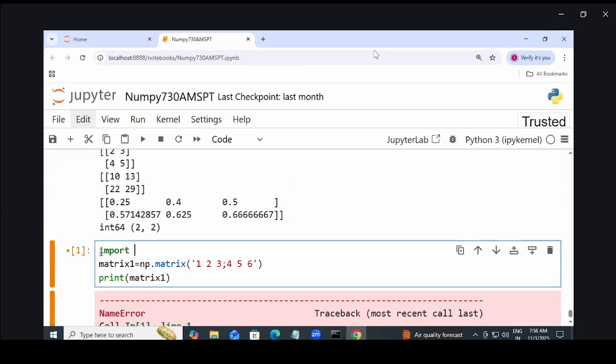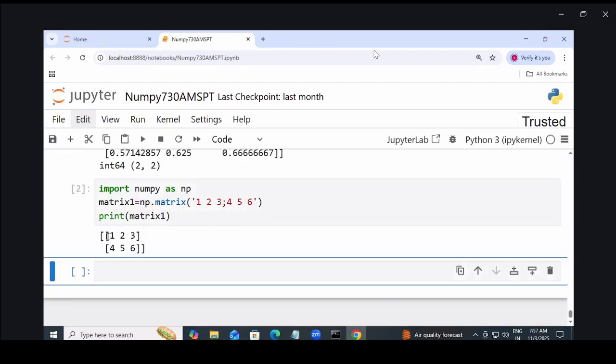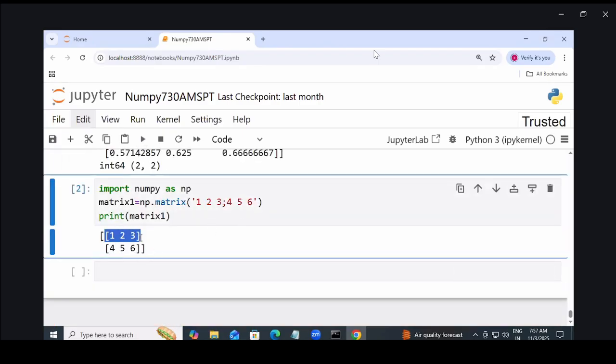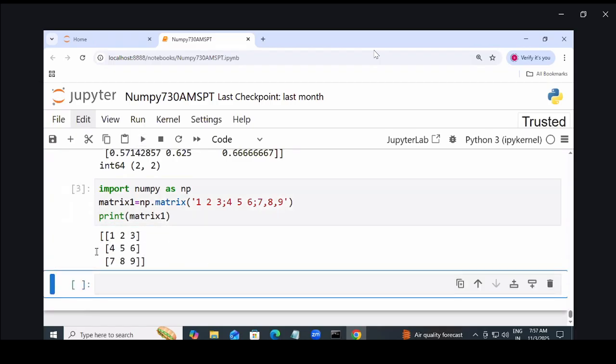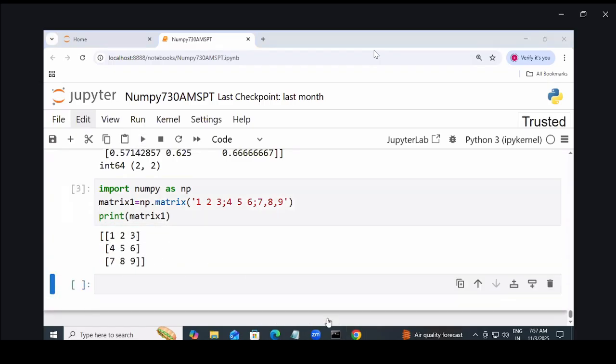When you run this, you can see this is a matrix with 2 rows and 3 columns. Now here I create another with 7, 8, and 9. So this is a square matrix: 1, 2, 3, 4, 5, 6, 7, 8, and 9.